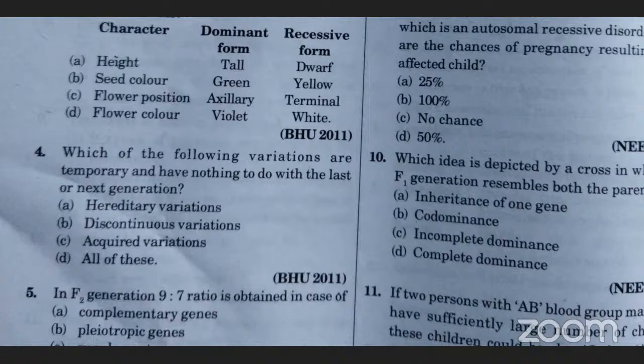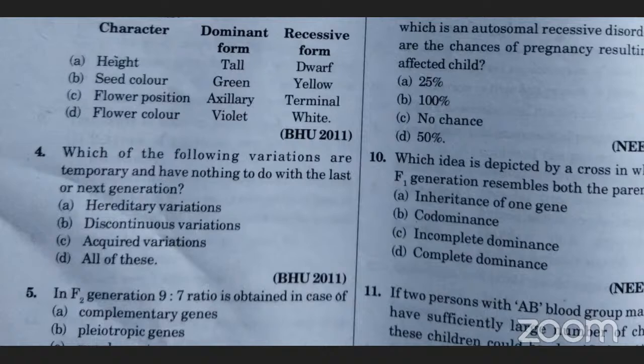Acute variations are caused by environmental factors. In the introduction of principles and variations, I gave the definition for two: one is genotypic variation and one is phenotypic variation. Acute variations are caused by environmental factors such as food, temperature, or other ecological factors. Those variations are temporary and have nothing to do with the last or next generation.